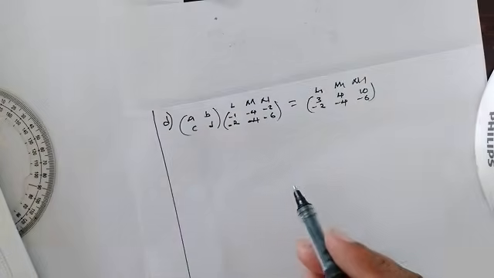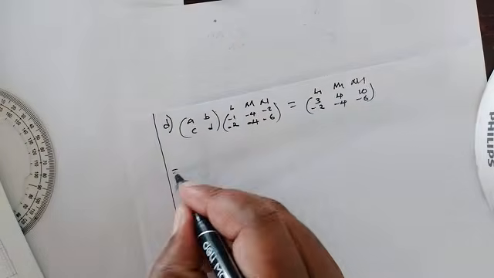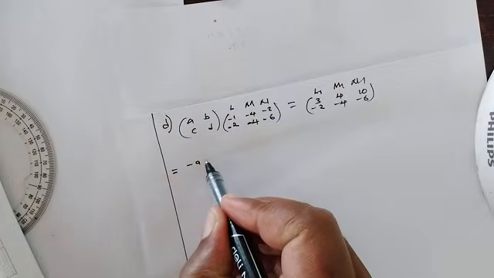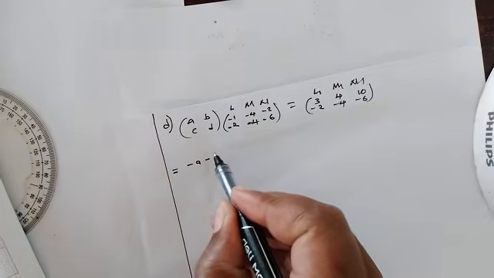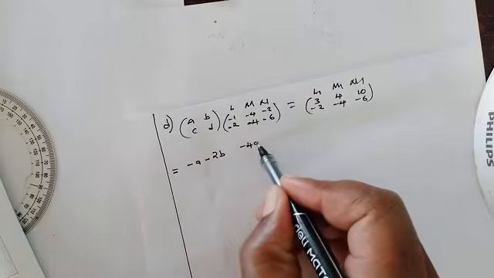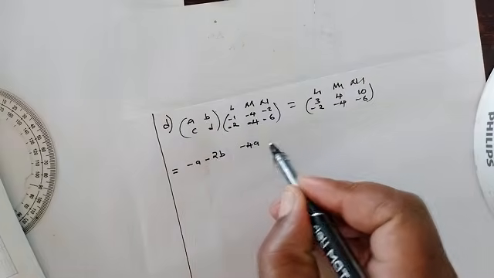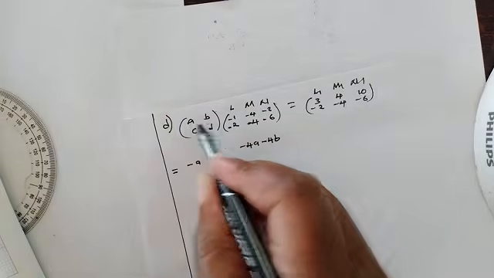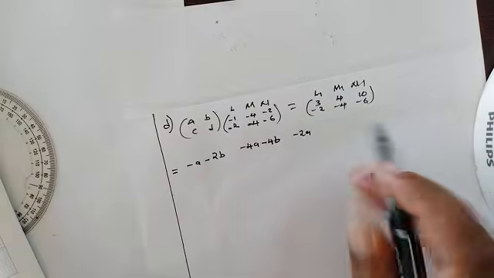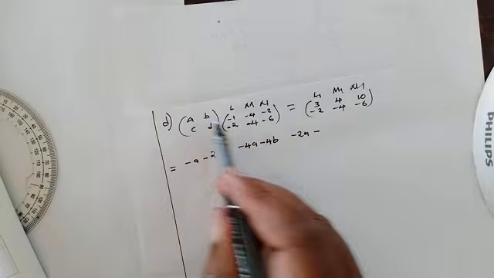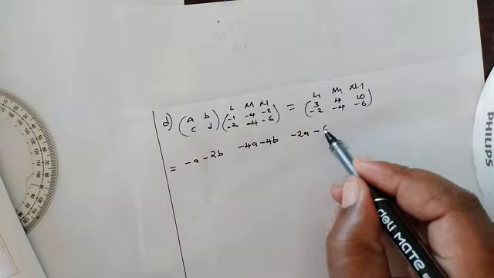You multiply this, row by column. This time that is -A minus this time that 2B. This by that -4A, this by that minus 4B, this by that -2A minus this by that 6B.